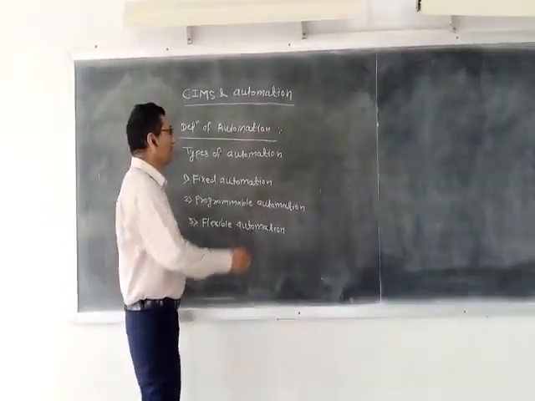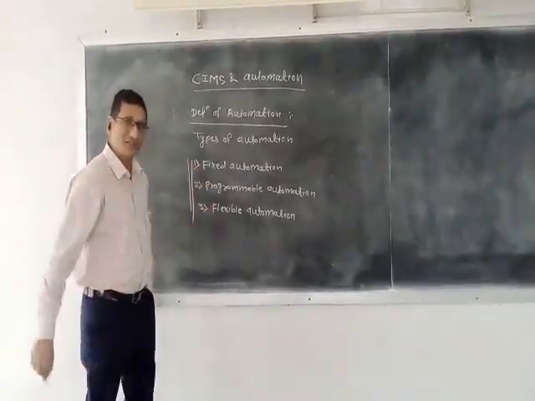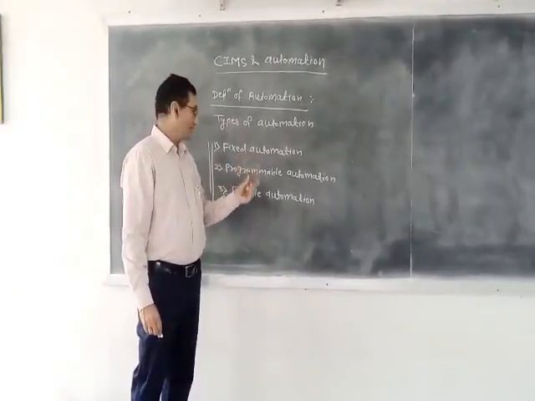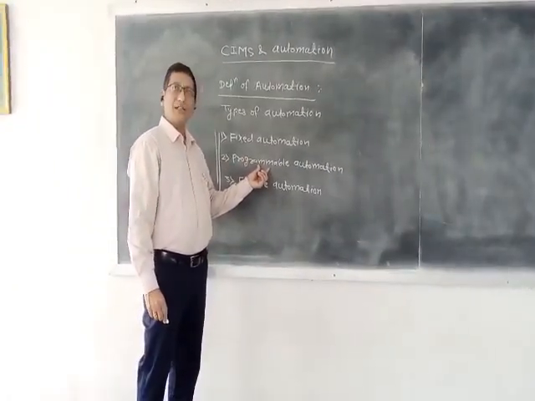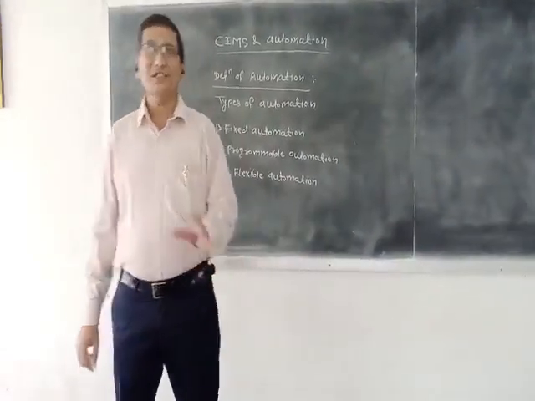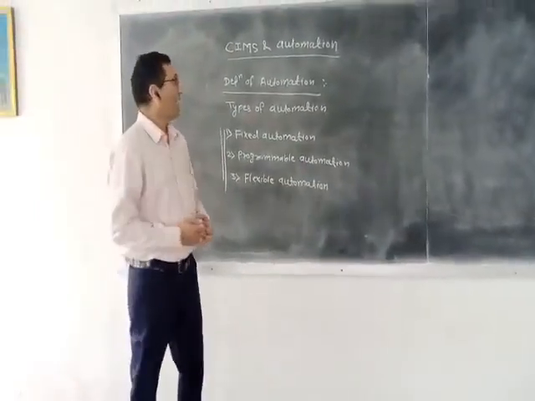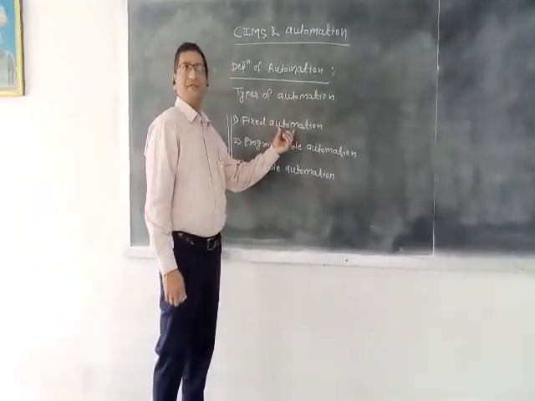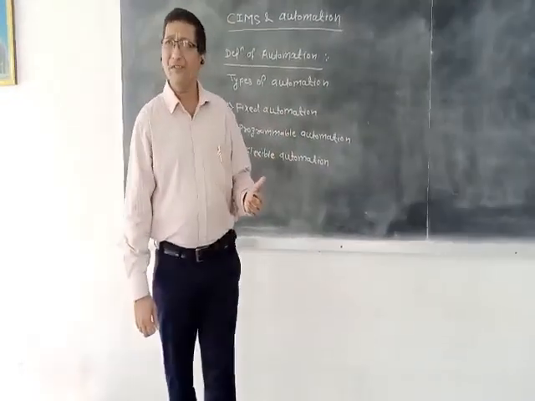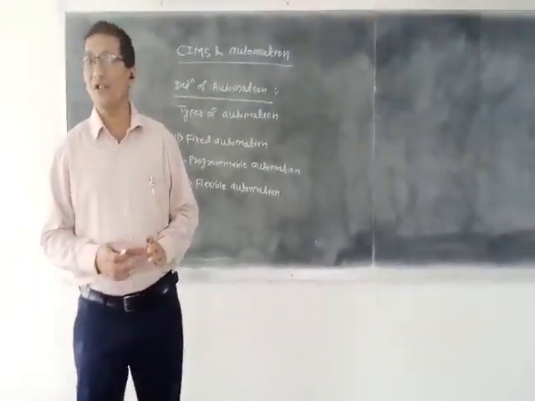And there are three distinct types of automation. The very first one is fixed automation, the second is called programmable automation, and the third one is called flexible automation. Now one has to first understand, when I need to implement a type of automation in my production system, I must know what kind of production system is available.